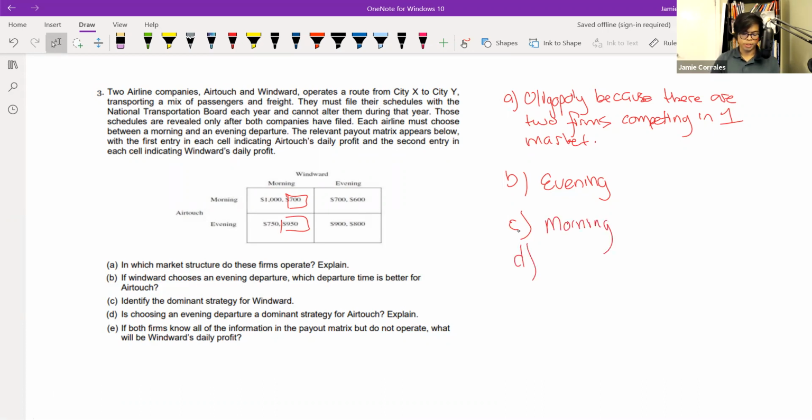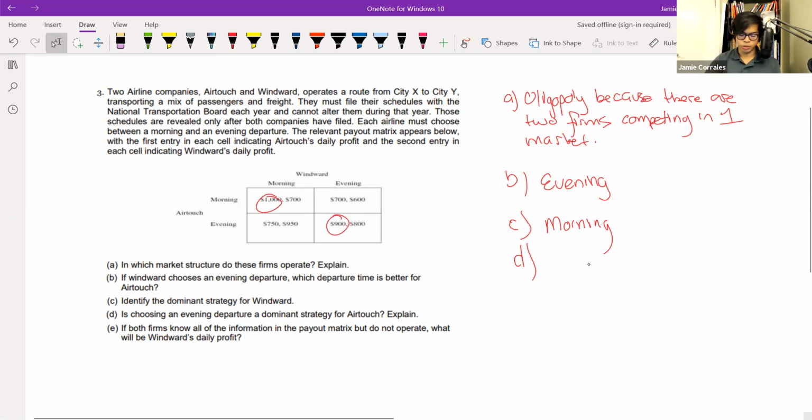D, is choosing an evening departure a dominant strategy for Air Touche? Well, let's figure it out. If Windward decides to do morning, what should Air Touche do? It's going to decide to do morning. If Windward decides to do evening, Air Touche is going to do evening because 900 is better than 700.